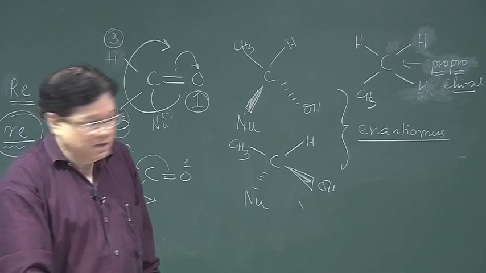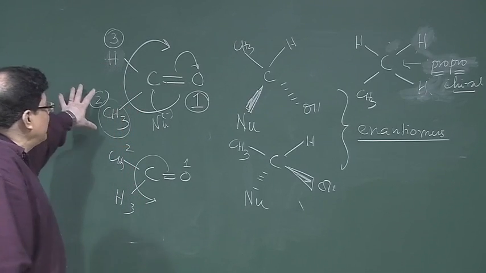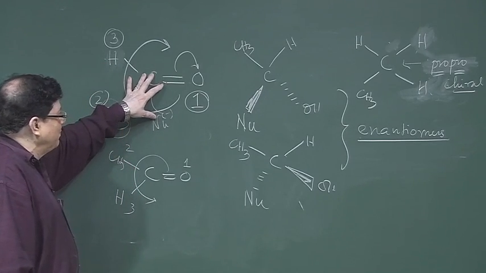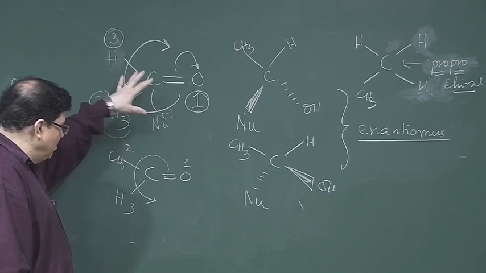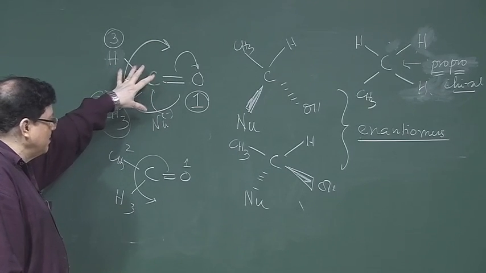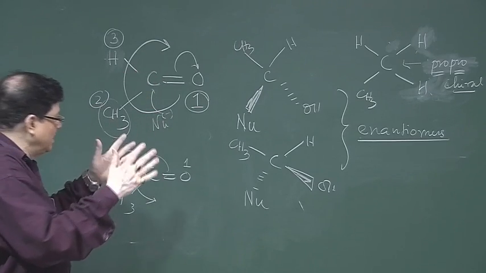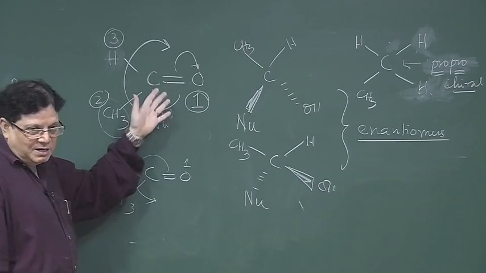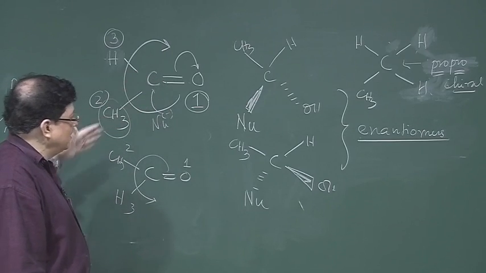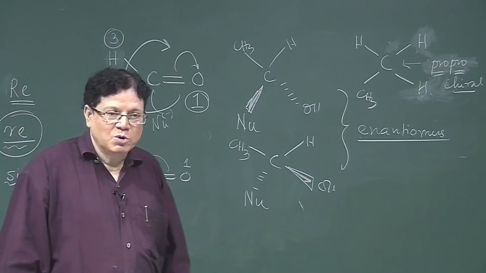So we have seen the faces, and how to give stereochemical descriptors to the faces, which are attached to the two sides of a prochiral center; the Re and Si faces have been introduced.